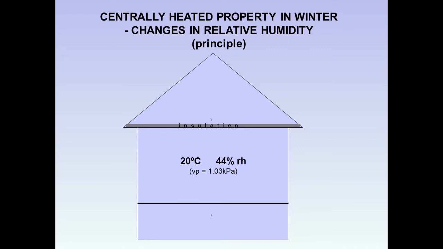So the air moves up and down and round and round, and some of it will get beneath the floor, assuming no ventilation. It's cooled to 13 degrees, so what will happen? Smaller bucket, the proportion increases, so we now finish up with 69% relative humidity. Vapour pressure the same, the same amount of water vapour in the air. And similarly, in the roof, it's cooler again, and we get 74% relative humidity, same amount of water in the air.